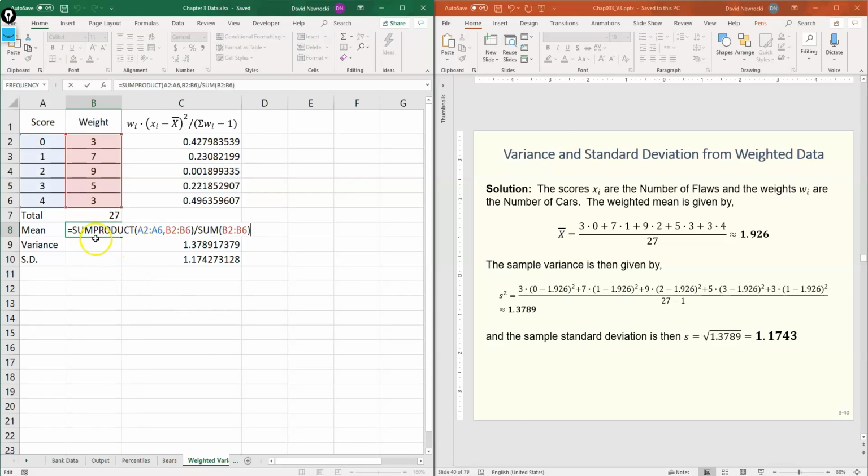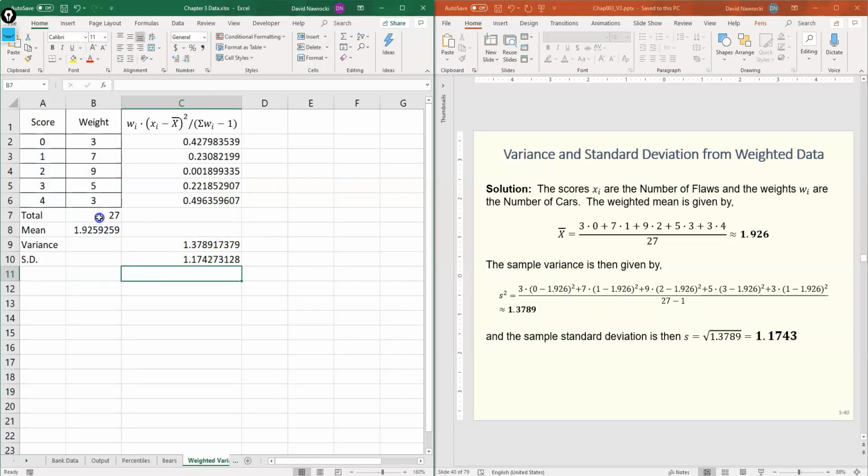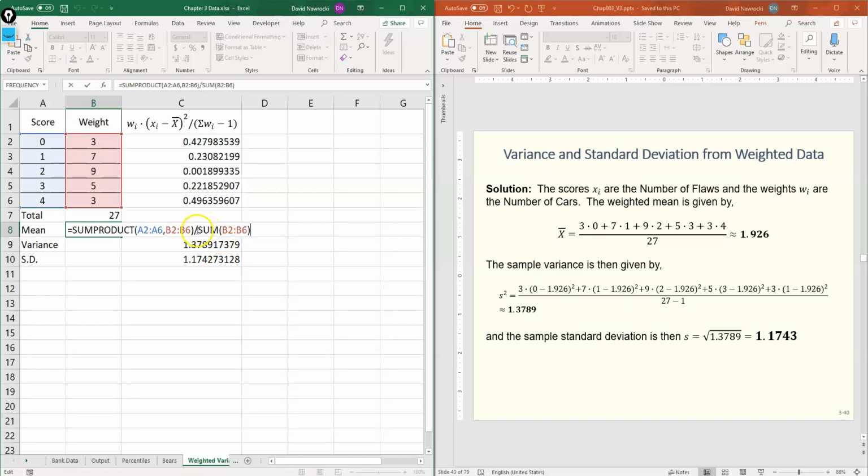So you notice I calculated the sum product of column A times column B, and then I divided by the sum of column B. That represents the sum of your weights. That's also given right here, 27. That's just the sum of the weights. So you could also, in this formula right here for the mean, instead of having this sum right here, you could type in 27.